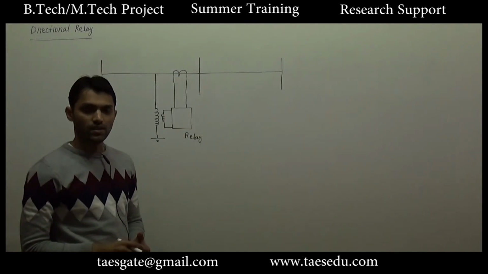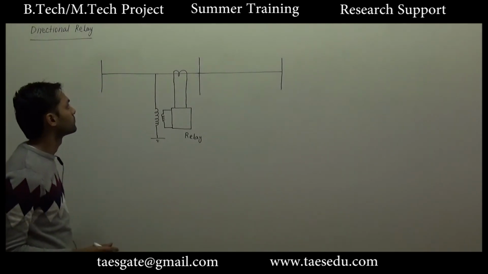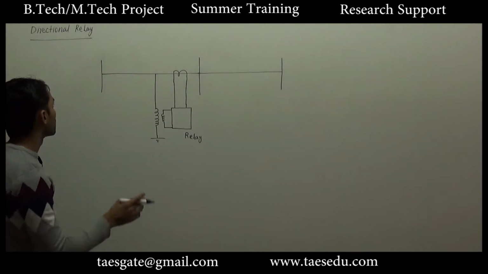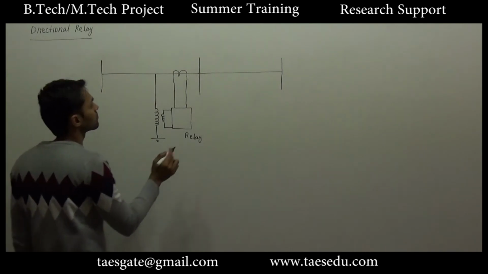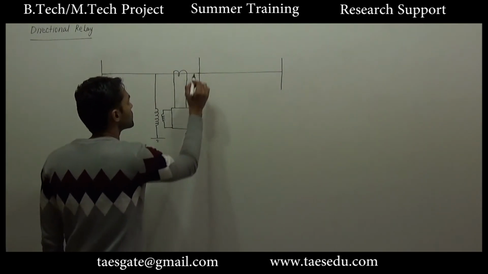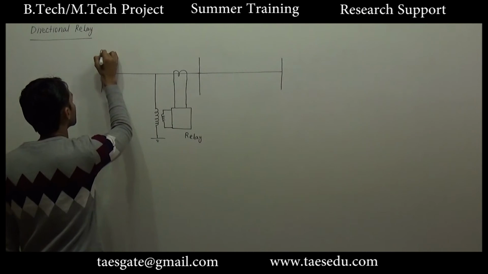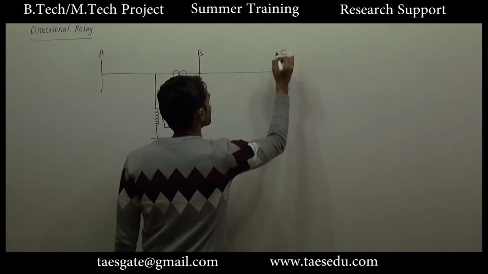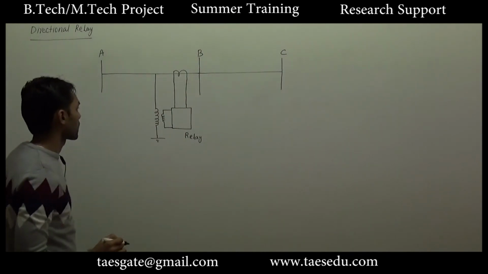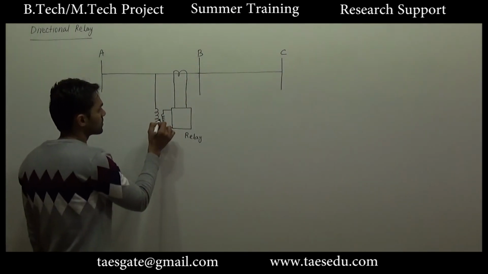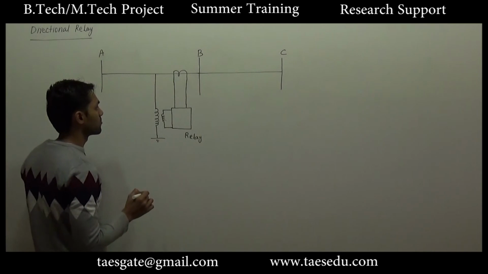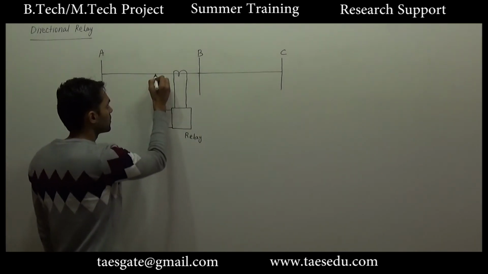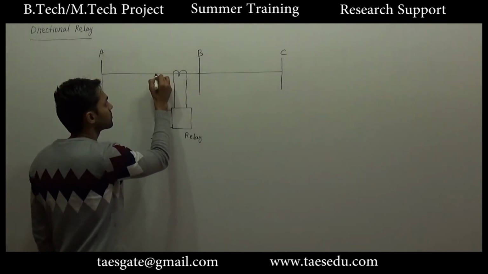Now let us study the principle of directional relay. Consider a part of power system, and this is a relay which is connected to, let's say this is bus A, this relay is connected to bus B, this is bus C. This is a potential or voltage transformer.